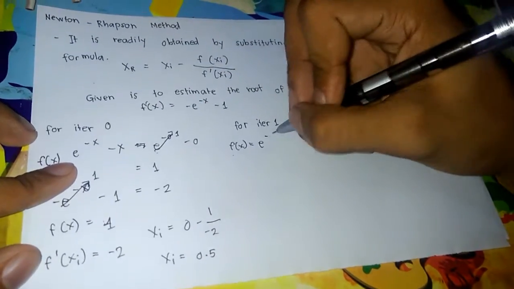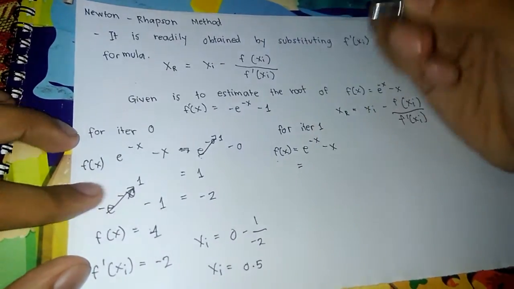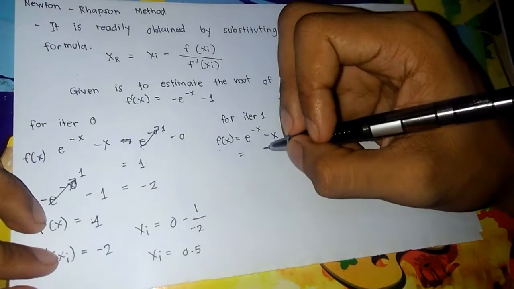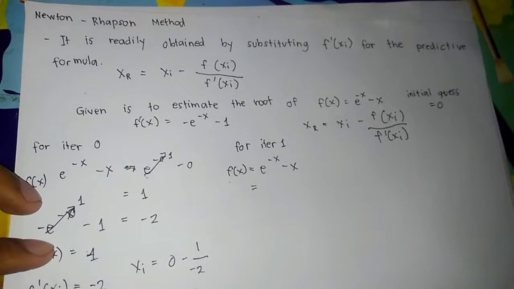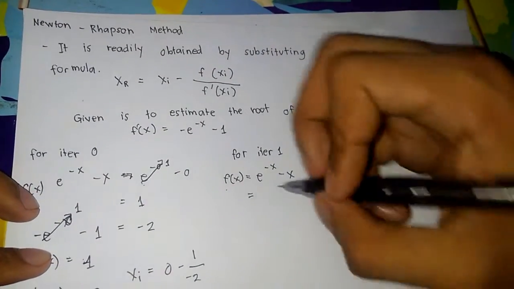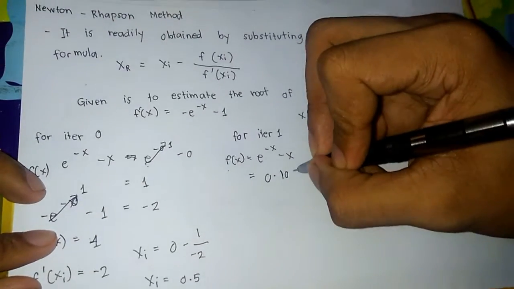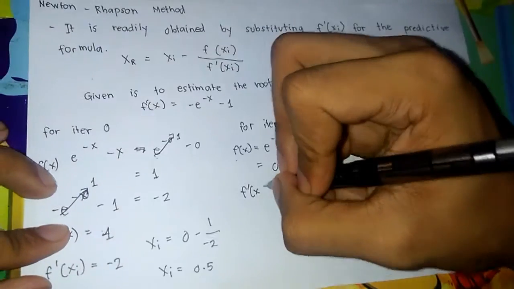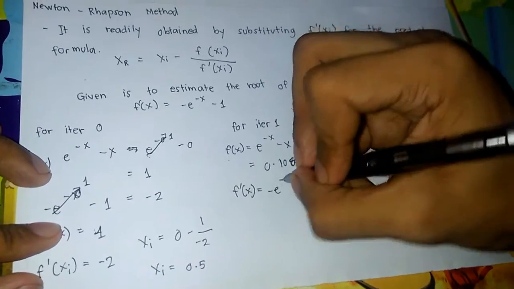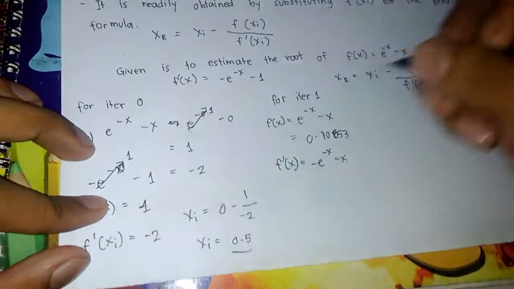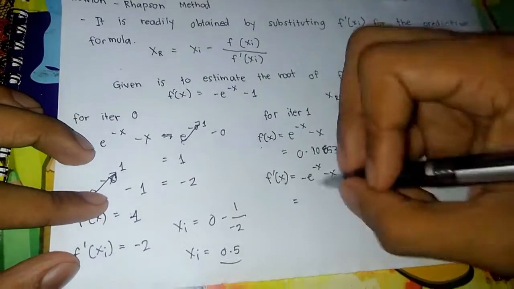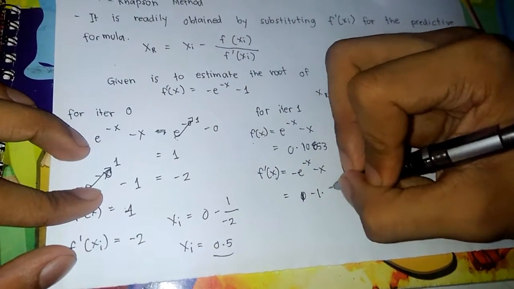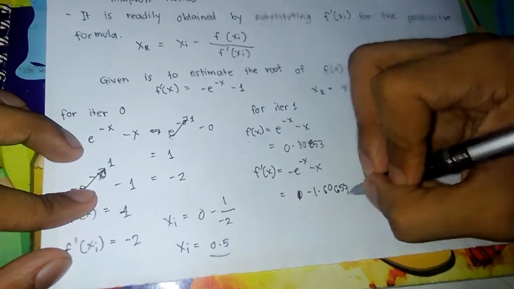Substituting, e raised to negative x has a value of 0.60653, and for the derivative, e raised to negative x, substituted by 0.5, has a value of negative 1.60653.